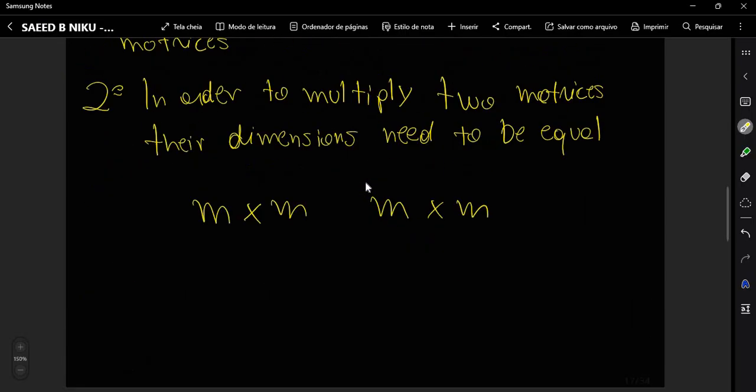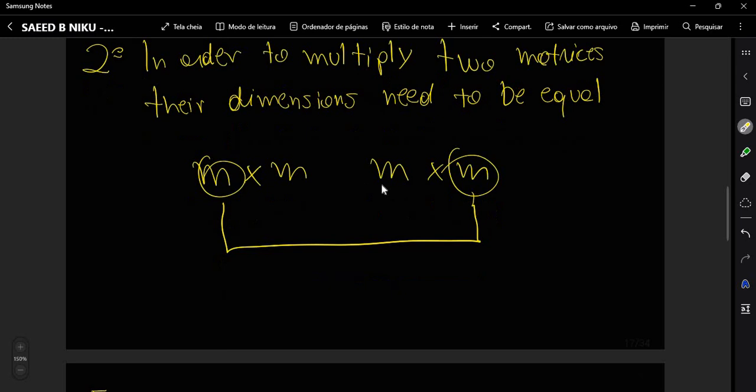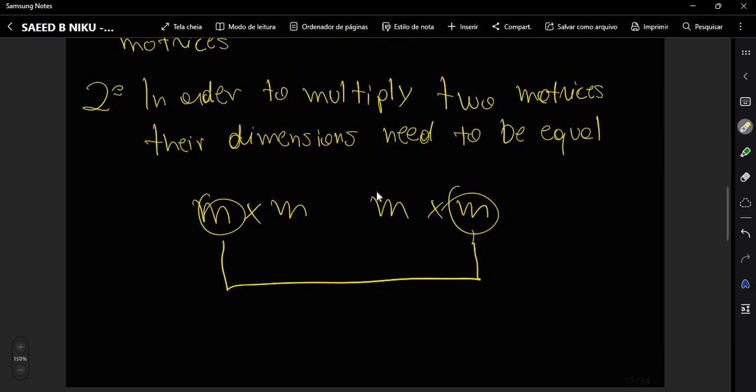So in order to multiply two matrices, the number of rows has to be equal to the number of columns.